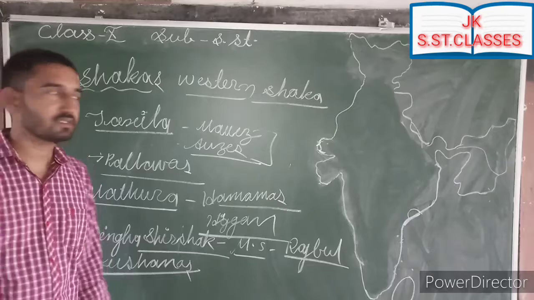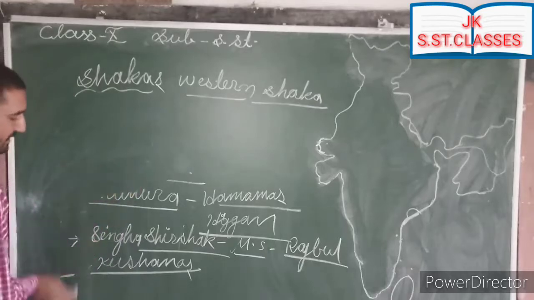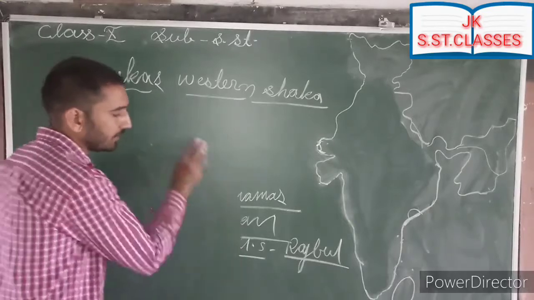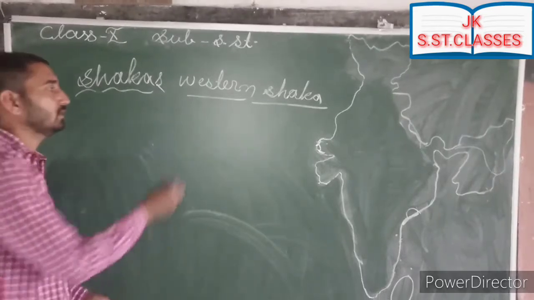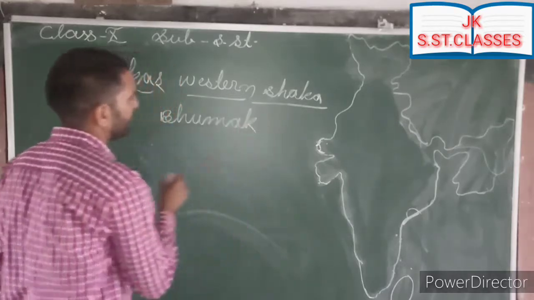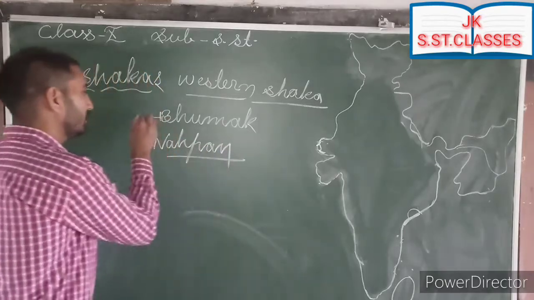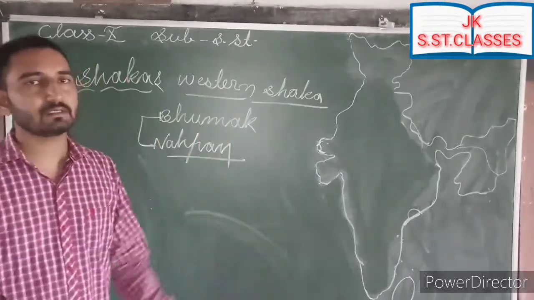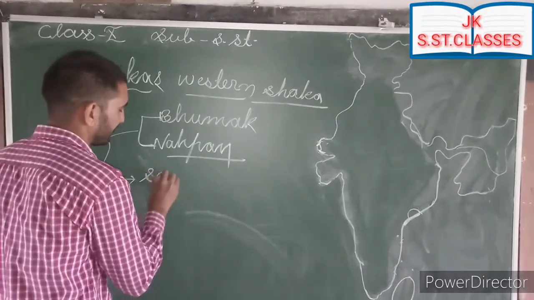The Western Shak dynasty has two major rulers, which were Bhumak and Nahapan. The rulers of this Western Shak dynasty occupied many regions related with the Satavahanas.